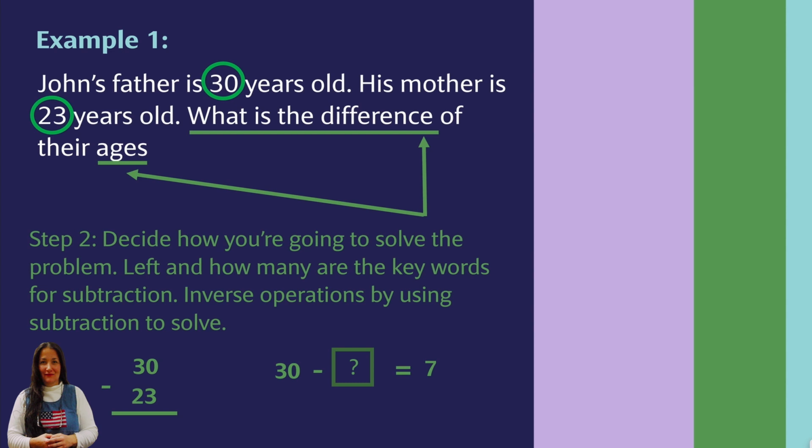Step 2. Decide how you're going to solve the problem. Left and how many are the key words for subtraction. Inverse operations by using subtraction to solve. 30 minus 23 equals 30 minus question mark equals 7.